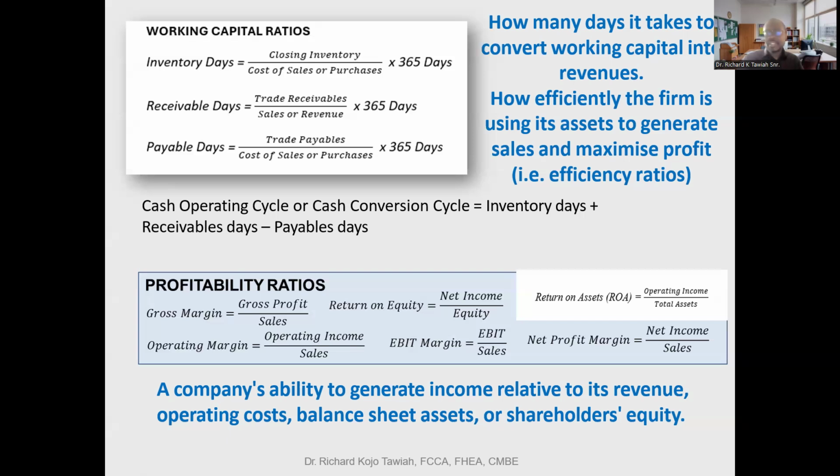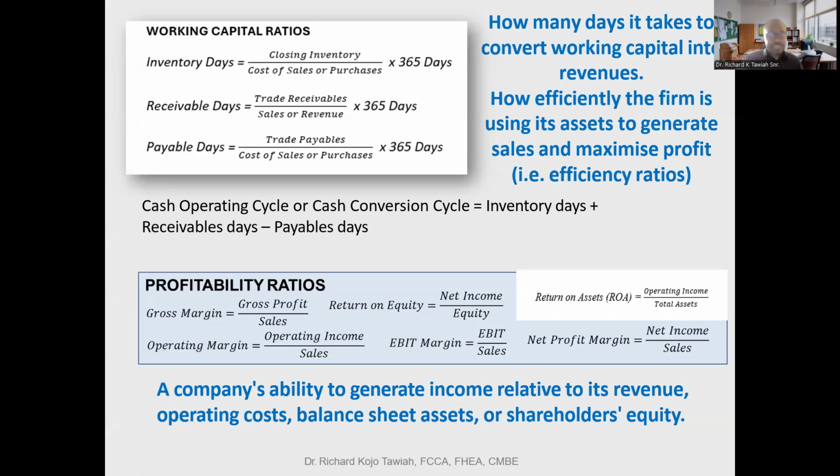And then you interpret. Everybody wants to take fewer days to convert inventory into finished goods and sell and make money. So the shorter, the better for inventory days. Everyone wants to get money from their customers quicker. So if it is shorter, 30 days or 15 days, that is better for receivable days because you get in money.